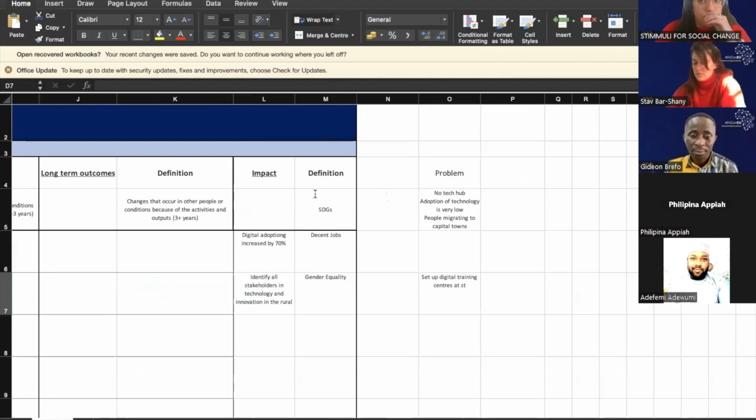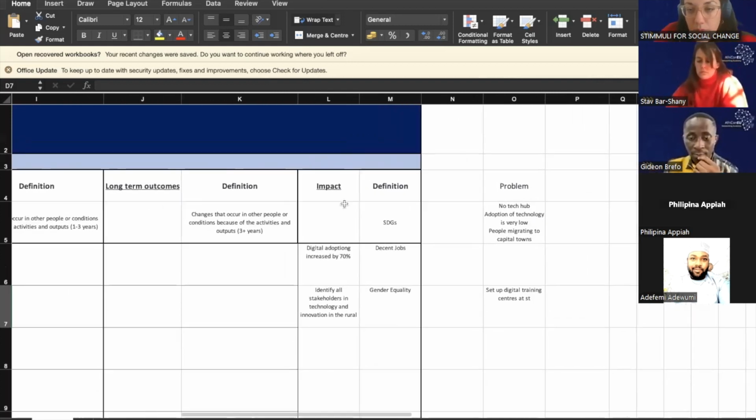Basically, apart from the state capitals, for example, like Akure, that you're familiar with, like Lagos, like Abuja, when it comes to the nooks and crannies, the local areas, the rural areas, the level of adoption of innovation and technology there is very low. And we have great minds there, but they don't have the resources, they don't have the infrastructure to be able to explore the benefits of technology.